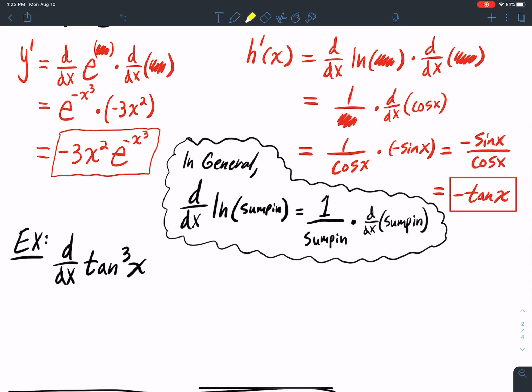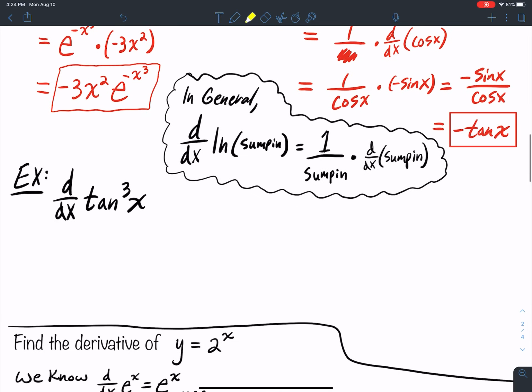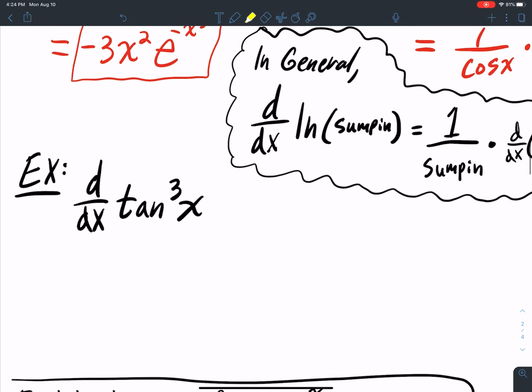All right, let's do two more, and then we'll finish up with this. Tangent cubed. Now, I need to figure out what is the inside and what is the outside here. The inside is tangent, and the outside is cubing it.